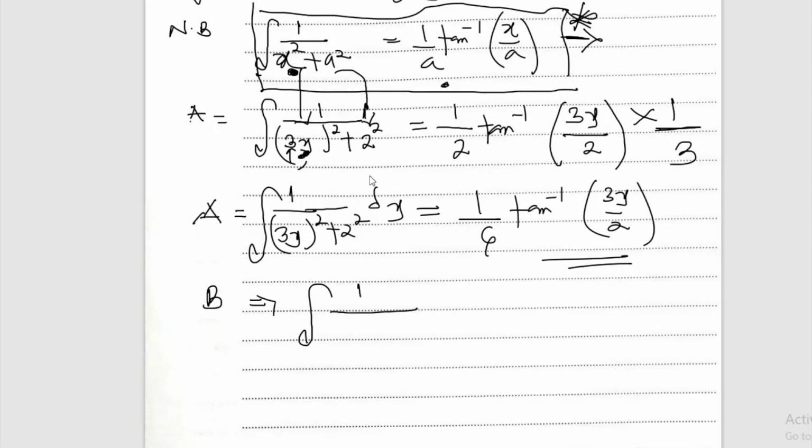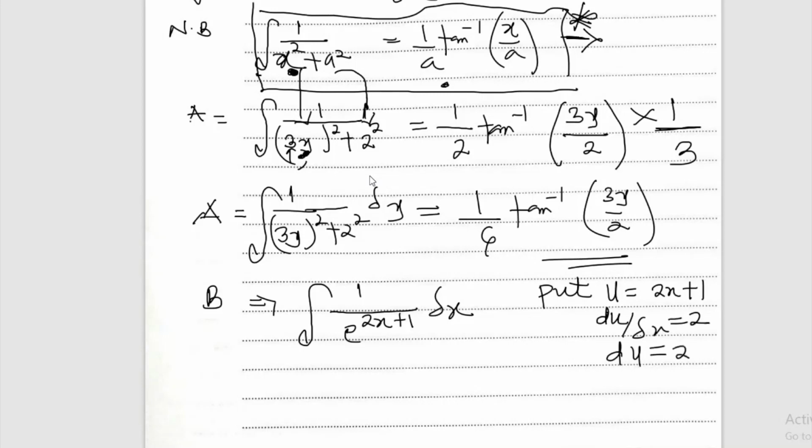Now let's integrate that. To integrate this, you just put u to be 2x plus 1, as the power will be represented by an alphabet. So du over dx will be 2 when you differentiate it. So du is 2 dx, and dx is du over 2.